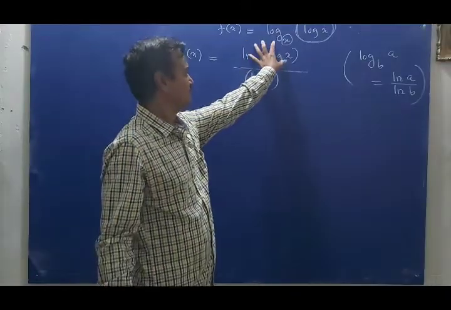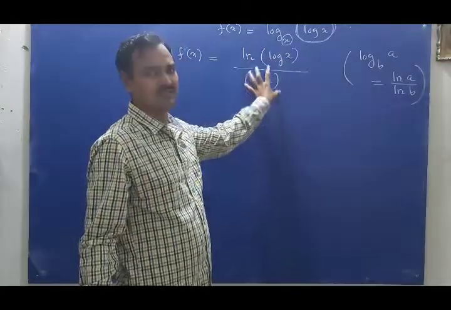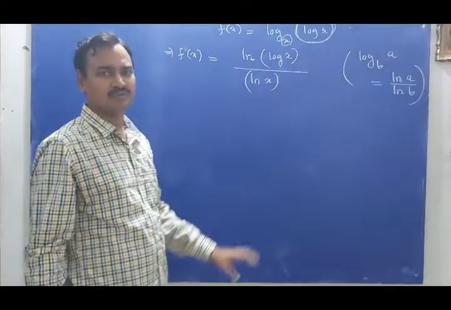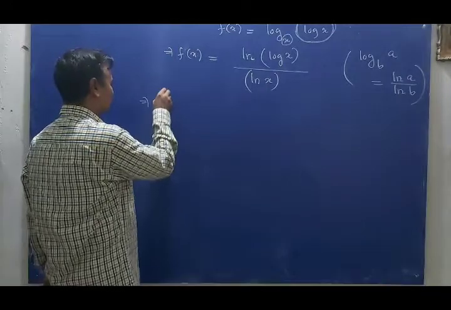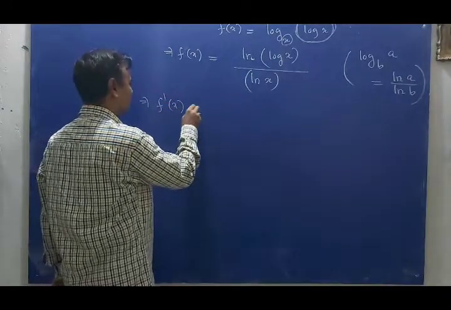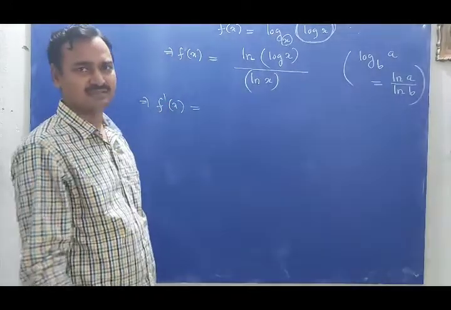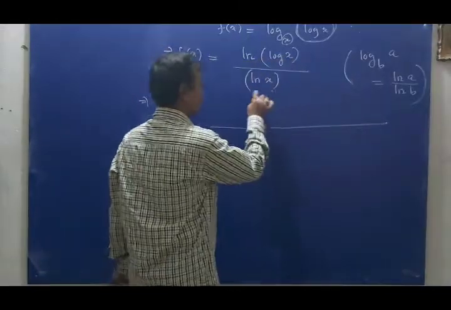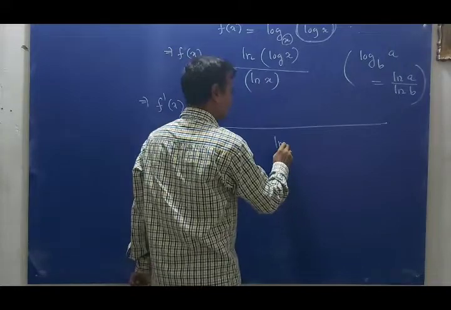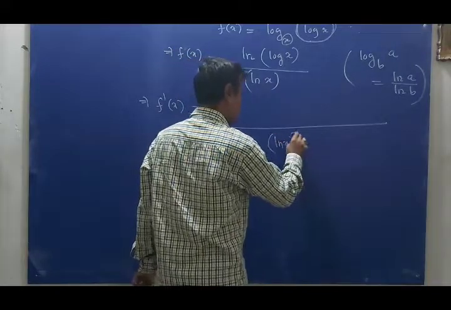So now this is which form? This is u and this is v. So this is quotient form or division form. So f dash of x, the derivative of f, is equal to v square. What is v? Ln of x whole square.